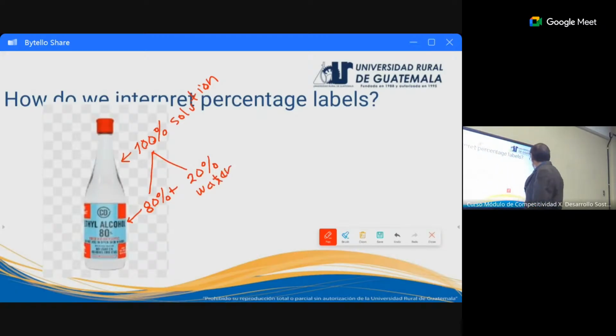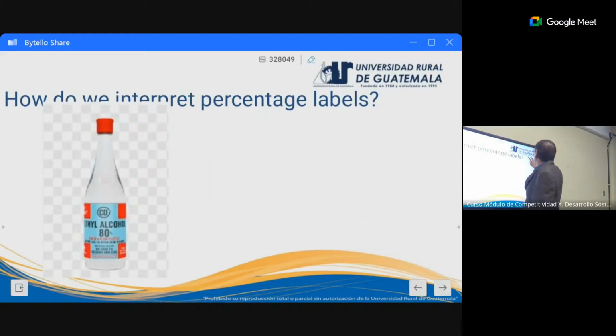Now let's check another label here with this image here.